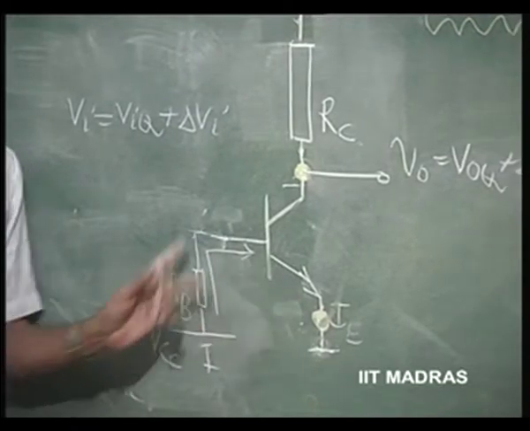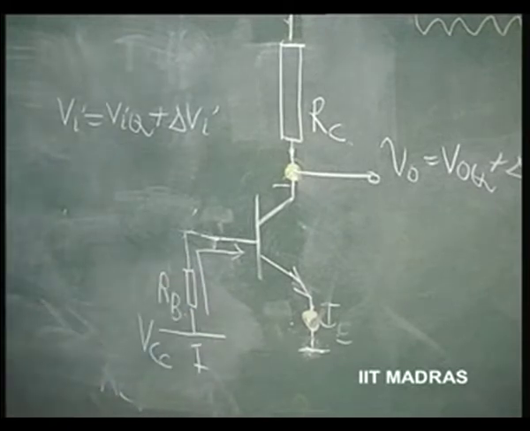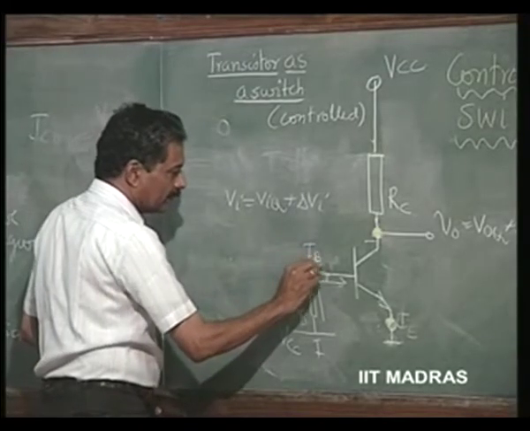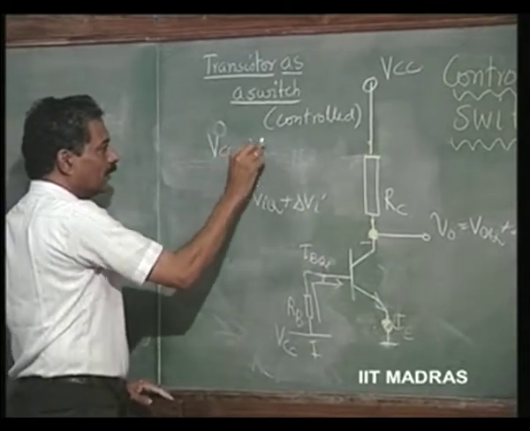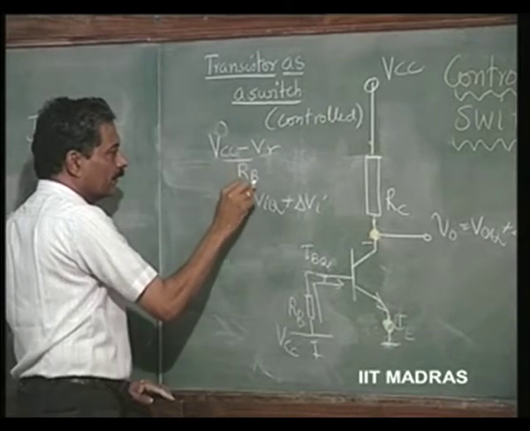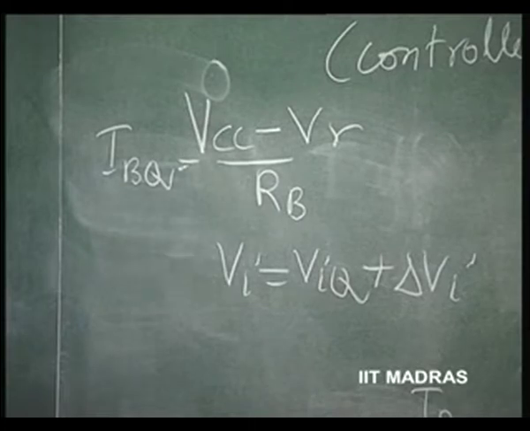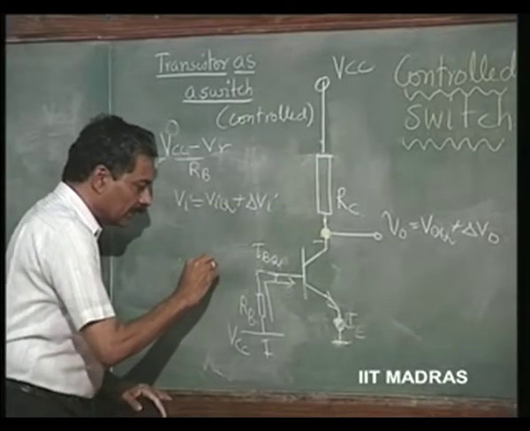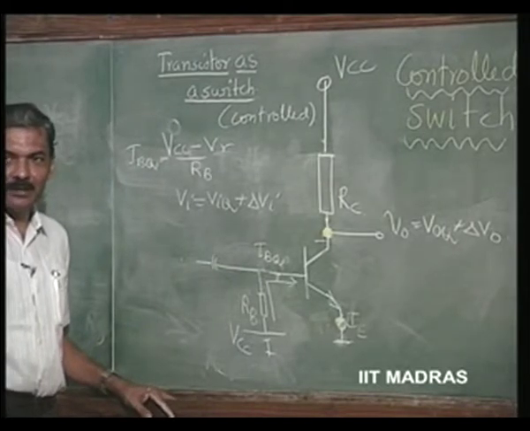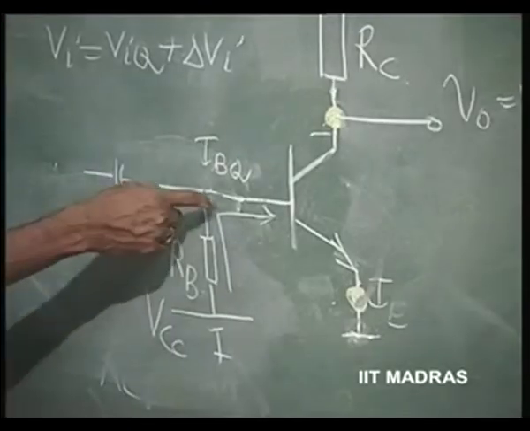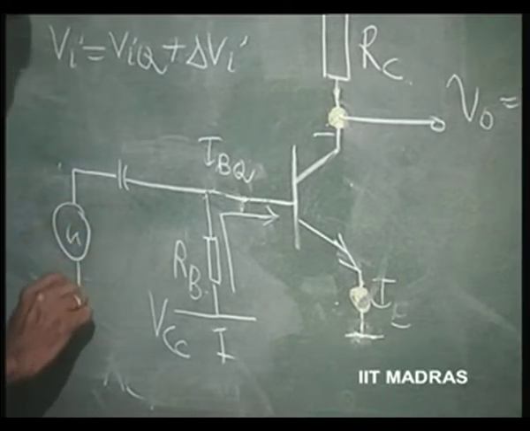The earlier one was voltage biasing. If I do this current biasing, where the current IBQ gets fixed as VCC minus V gamma by RB, then I can superimpose an AC by using capacitive coupling. This capacitor will block the DC and will couple the AC.